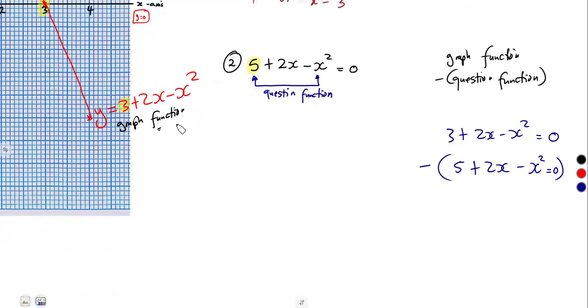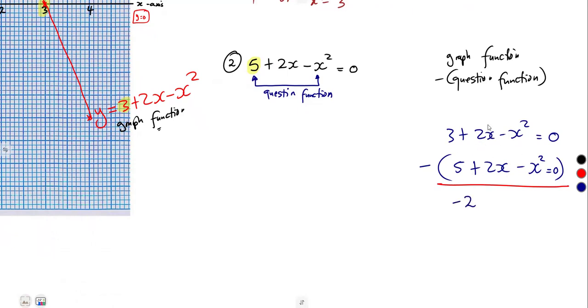The graph, the one you had originally from the table of values, minus the question function you are being asked now. So let's subtract 3 minus 5. That's minus 2.